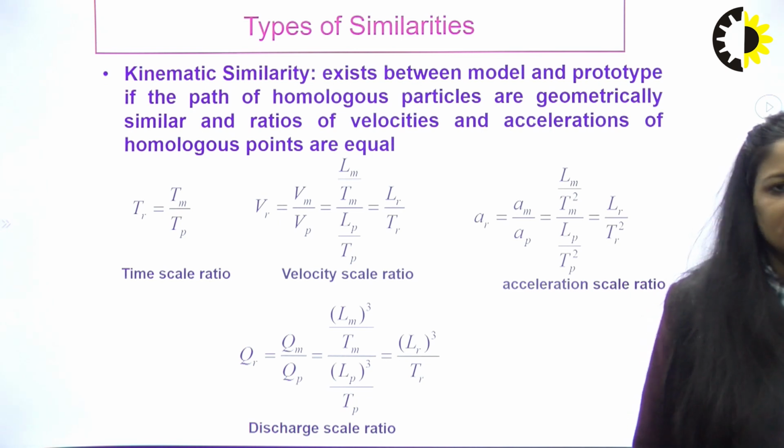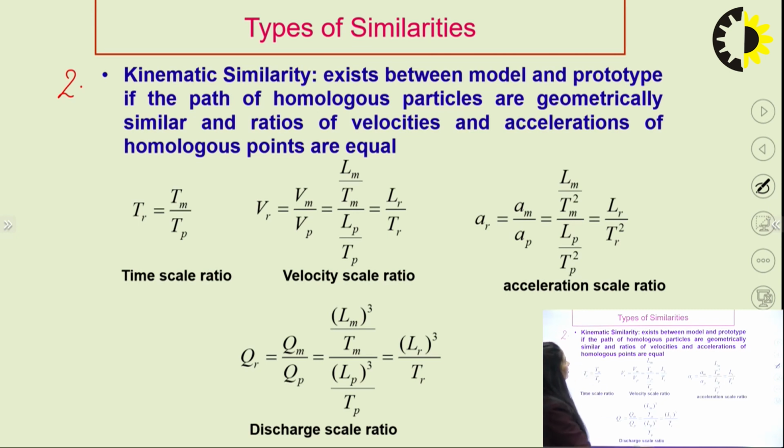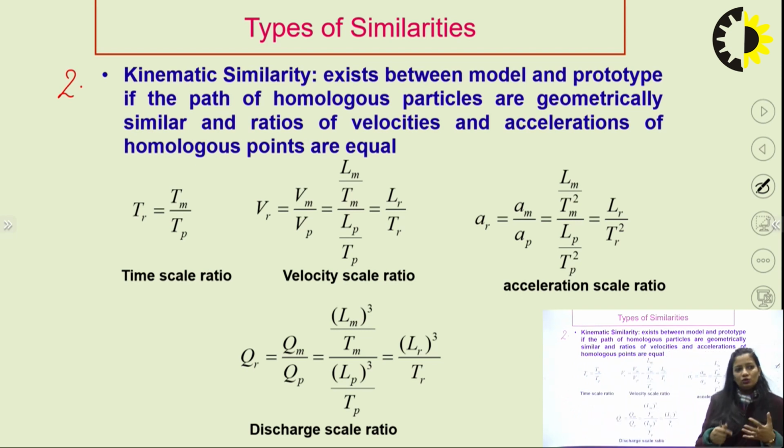Now the second is kinematic similarity. We have gone through the first, geometric. Kinematic similarity exists between model and prototype if the paths of homologous particles are geometrically similar and the ratios of velocity and acceleration of homologous points are equal.